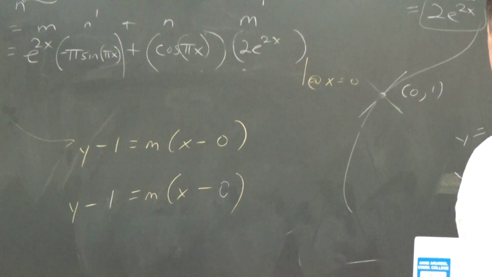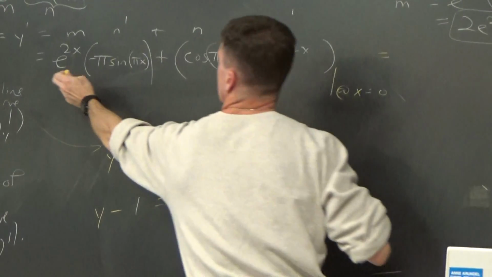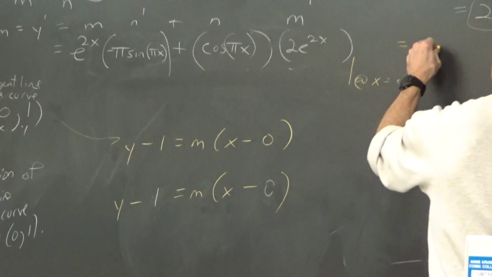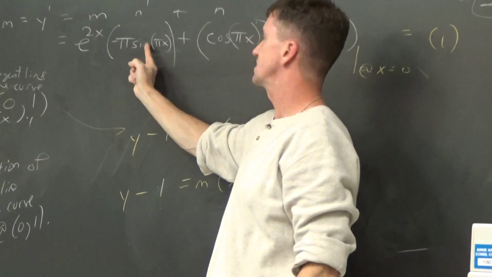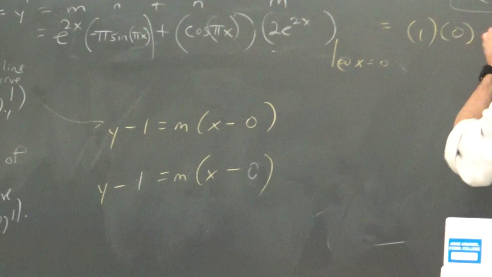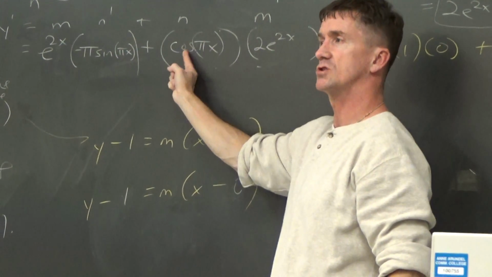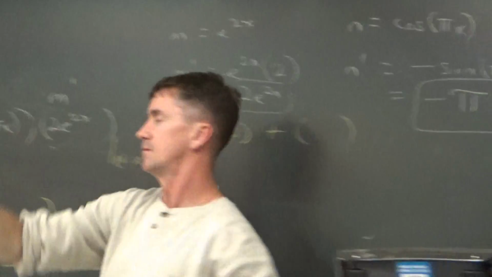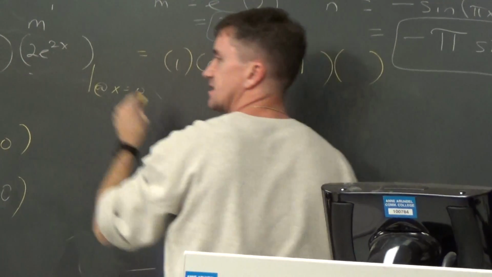I'll put an equal sign. E to the 0, 1. I love this. I don't care if it's got a negative pi. What's the sine of 0? 0. Plus cosine of pi times 0 is cosine of 0 is? 1. And lastly, what's 2 times e to the 0? 2.